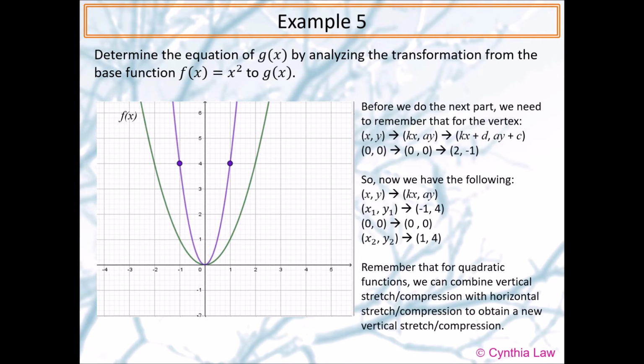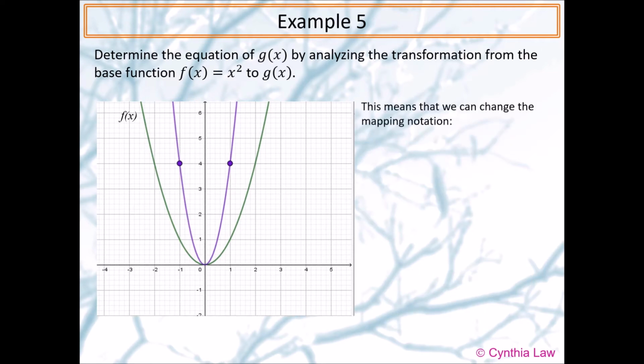Now we need to remember that for quadratic functions, we can combine vertical stretch or compression with horizontal stretch or compression to obtain a new vertical stretch or compression. Sounds complicated, but it's actually easier to work with. So what it means is that we can change the mapping notation.